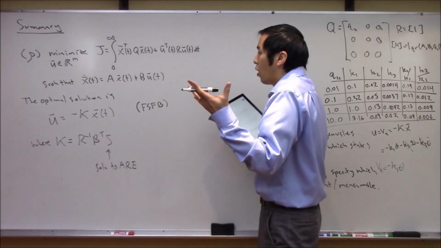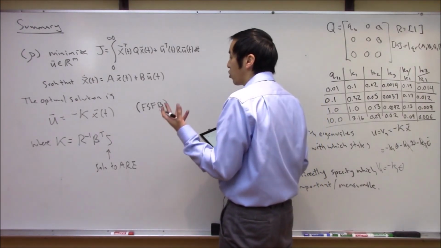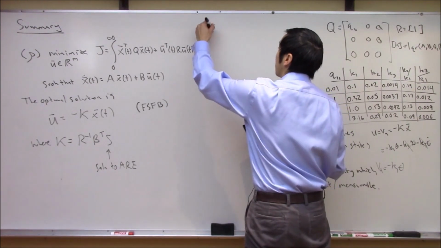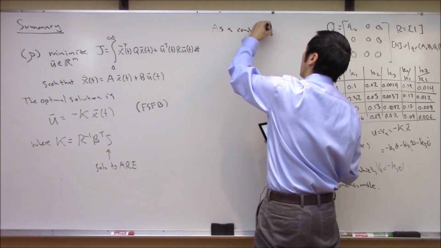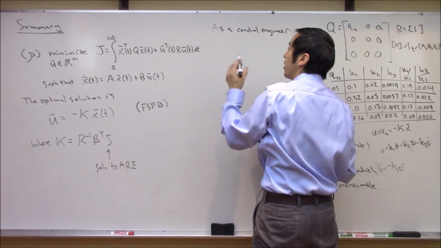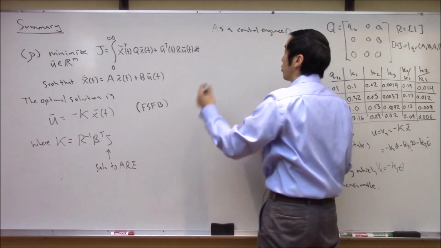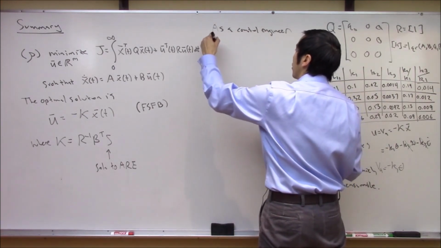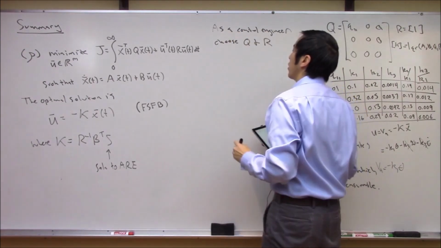So what's so awesome about this LQR technique here is that as a control engineer, right, LQR gives us two knobs to directly penalize states or controls, right? So as a control engineer, you choose the Q and the R matrix here, right?